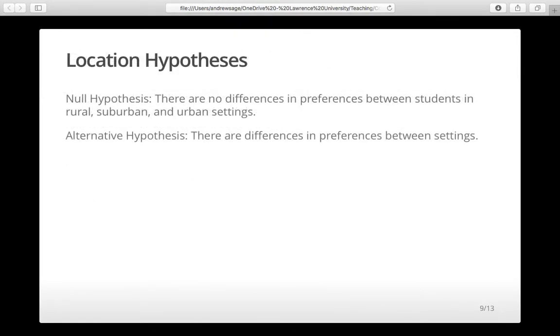Now let's think about whether there are differences between the locations of the schools. Our null hypothesis will be that there are no differences in preferences between rural, suburban, and urban settings, and our alternative hypothesis is that there are differences between the settings.